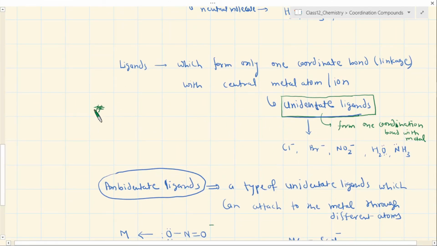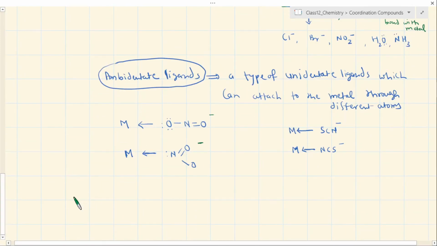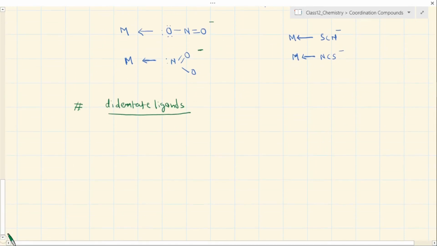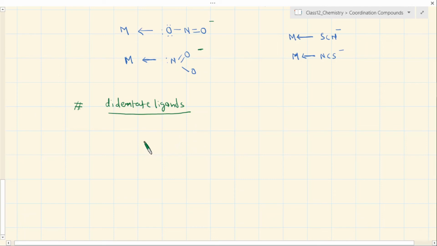Now let's look at another type of ligands where we will have different possibilities. The simplest of the higher possibilities is didentate or bidentate ligand, where, for example, there is a molecule called ethane diamine, which is CH2, and here you have NH2, and here also NH2.